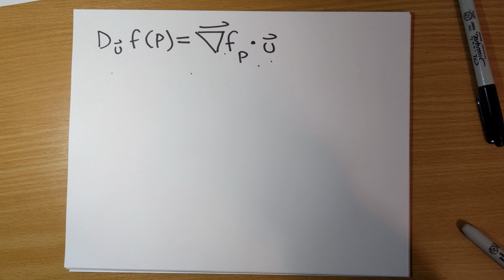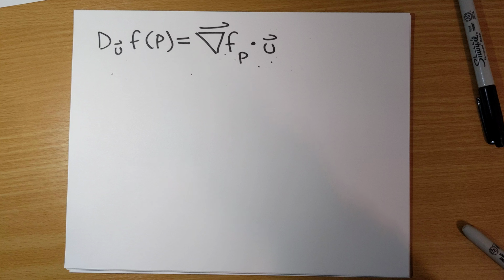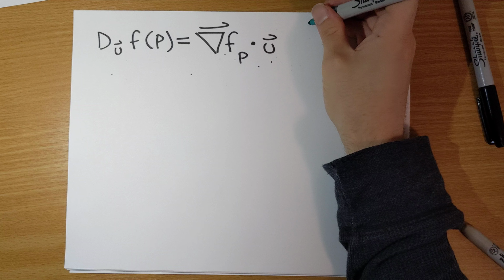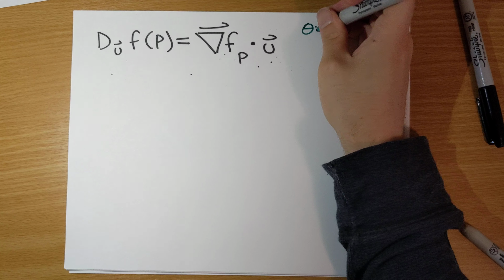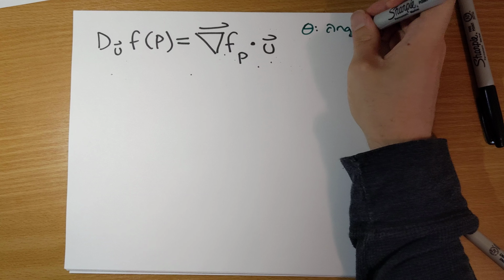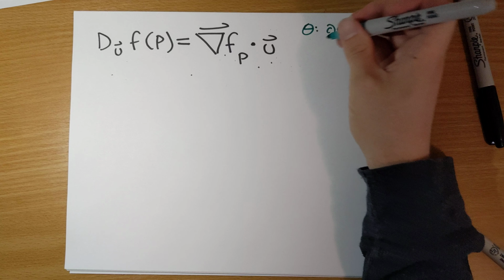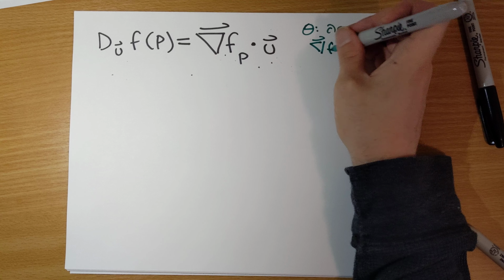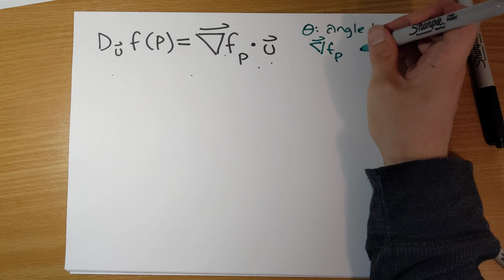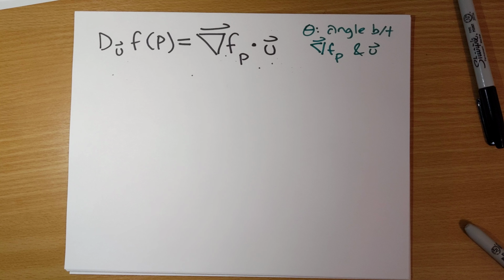Let's think back to chapter 12 and about dot product and properties there. So let theta be the angle between the gradient of f evaluated at p and our vector u, the direction.